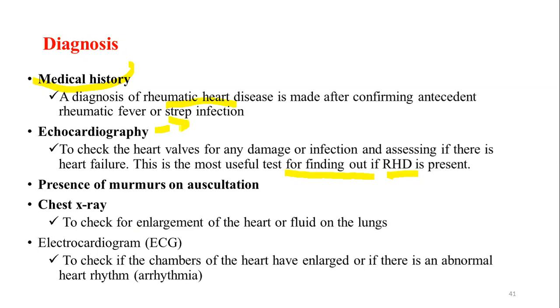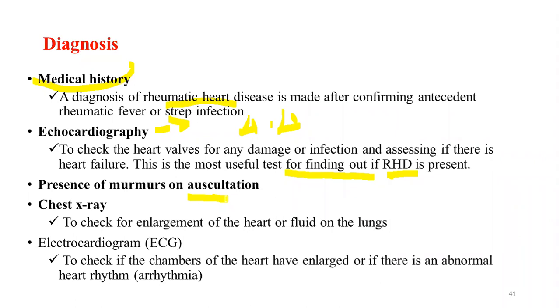Remember, an echocardiogram will tell us anatomical abnormalities of the heart muscle as well as the heart valves. That is why echo is a very important test to find out whether the patient has RHD or not. Then, presence of murmurs on auscultation. If you remember, in the previous semester, we mentioned auscultation as one of the physical investigation modalities.